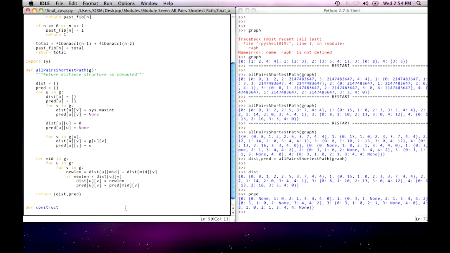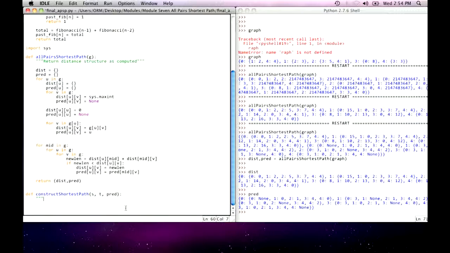I need to define a method called construct shortest path. What is it going to take as its input? Well, I want to find the shortest path from S to T, and I start with my predecessor matrix that's been given to me.